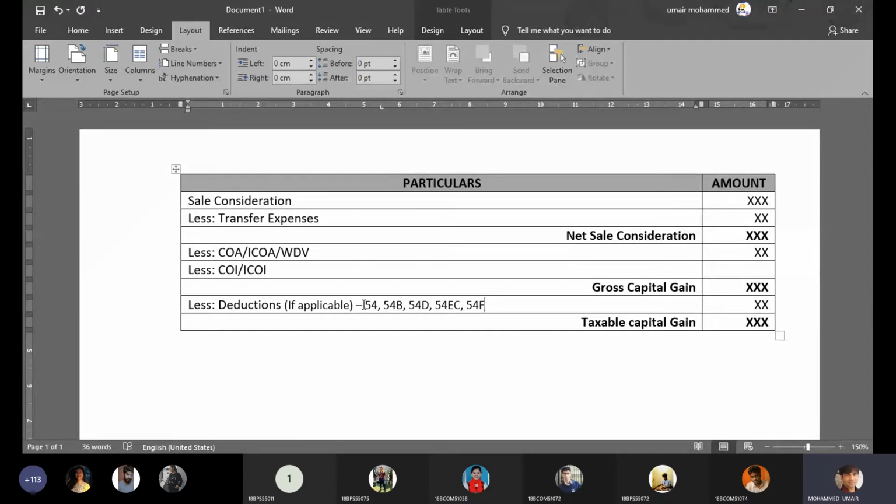There are many other sections that can be claimed as deduction from gross capital gain. However, in your syllabus, we have only 5 sections included. So we would be discussing all these 5 sections in detail, and we will learn the provisions of all these 5 sections. The purpose of introducing deductions is to help the assessee in lowering or completely eliminating the tax liability.